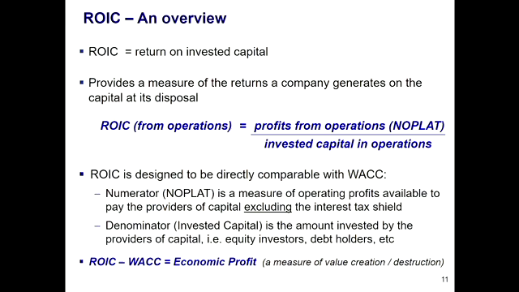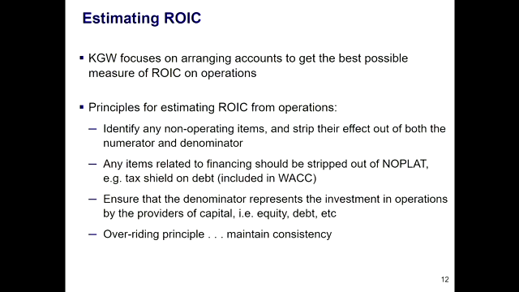That investment, part of the funds provided by capital providers, is not going to be included in the ROIC calculation. So when we calculate ROIC, consistency is very important in giving you a concise, accurate representation of the company's underlying performance.